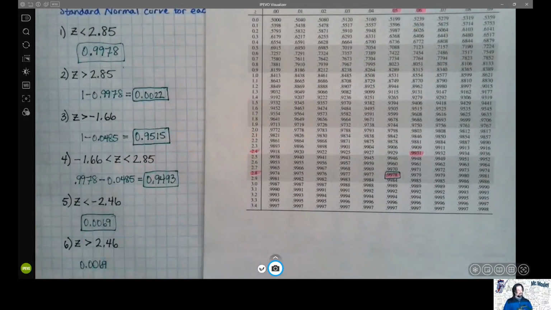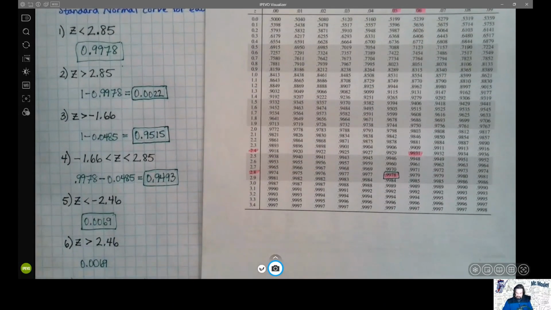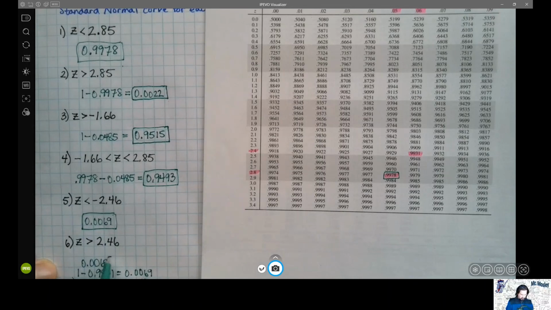Again, since we're greater than, we use the rule that I subtract that number from 1. So we'd have 1 minus 0.9931, and lo and behold, it is equal to 0.0069, which is what I said it would be.